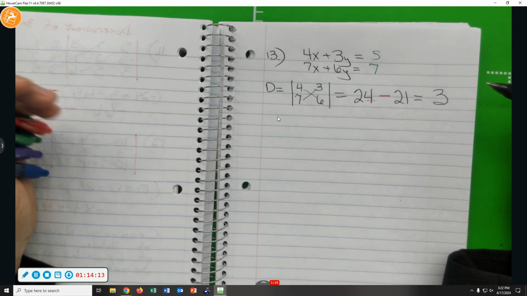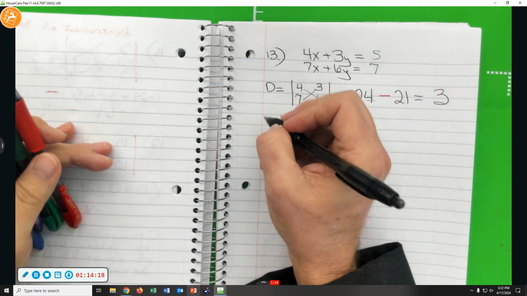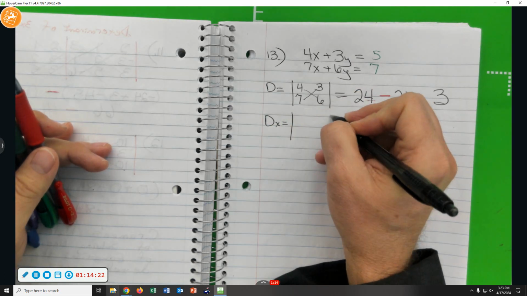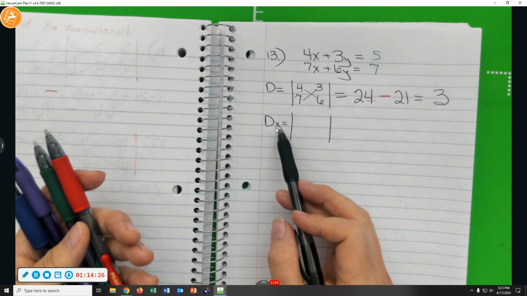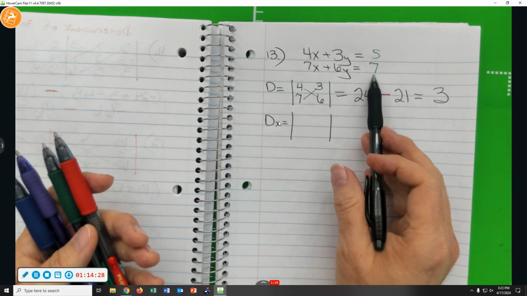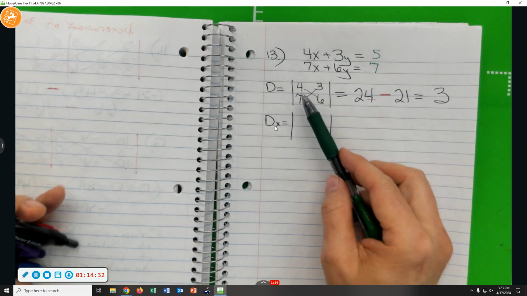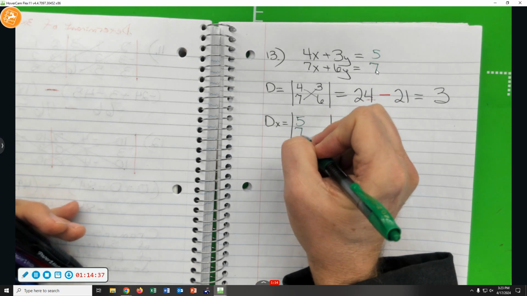Next, he formed however many variables there were, in this case 2, so he found D sub x. D subscript x is the determinant you get when you replace the x column with the column of constants. So for D sub x, you replace the x column with 5, 7.